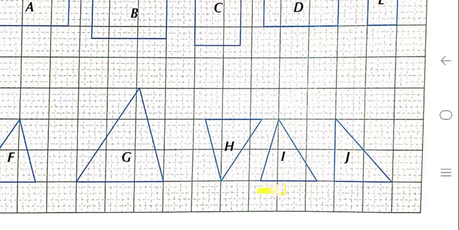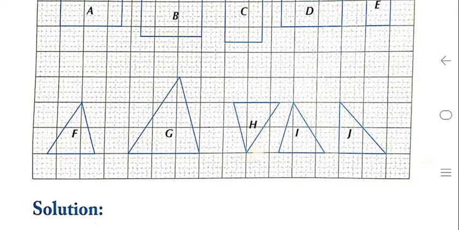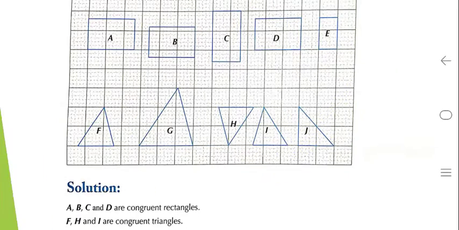Same thing, 3 units to the left, 7 units to the right. It's just that H is like triangle I but rotated 180 degrees. And when you compare I with F, they are also congruent triangles. It's just that they are like mirror images.